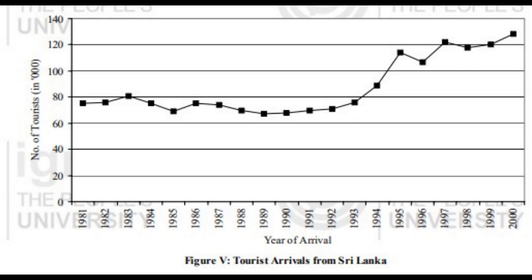Look at the screen. The peak period of Sri Lanka was the first quarter from January to March, constituting 26.8%, followed by the fourth quarter from October to December with 25.7% during 2000. About 98.5% of the tourists traveled by air and 1.5% by land. About 54.4% of the Sri Lanka tourists were males.